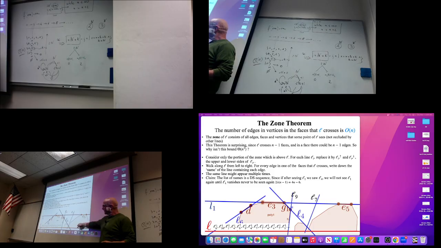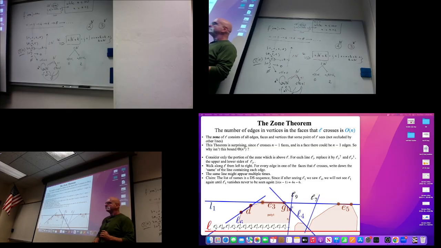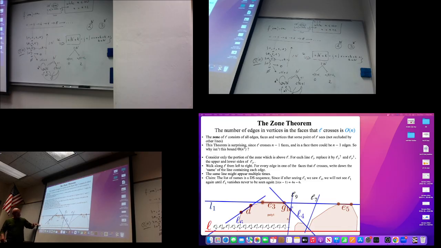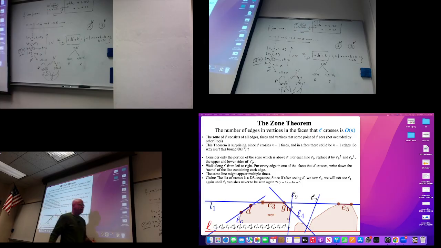Essentially, I want to ask for this line L, what do you see both above and below? So we just double it by 2. And I want to say, as I'm walking around L, I'll check out at each face that I'm penetrating into what are the lines that I see if I'm going along the face. And let's remind everybody, what is one of the applications of the zone theorem?